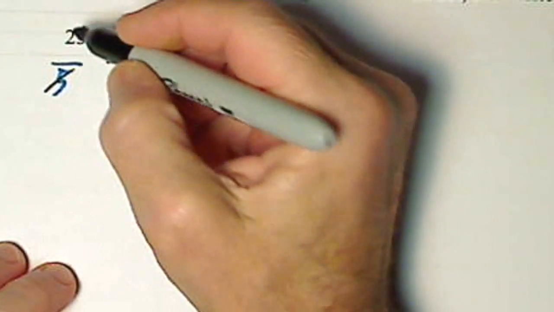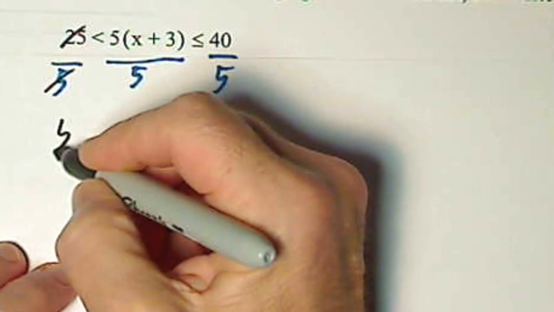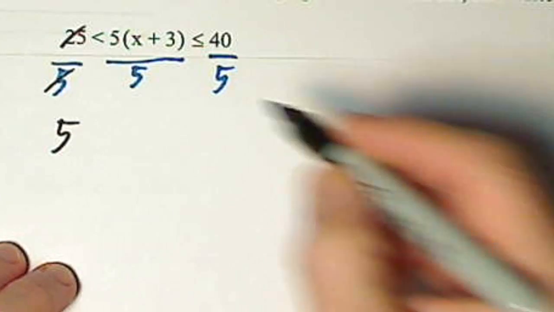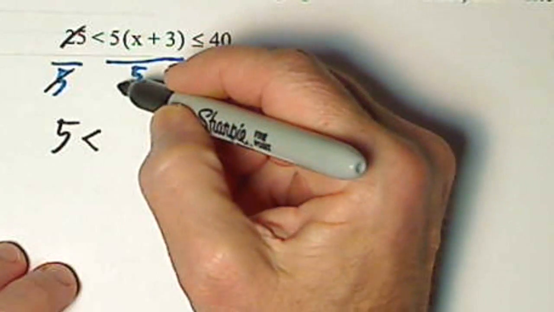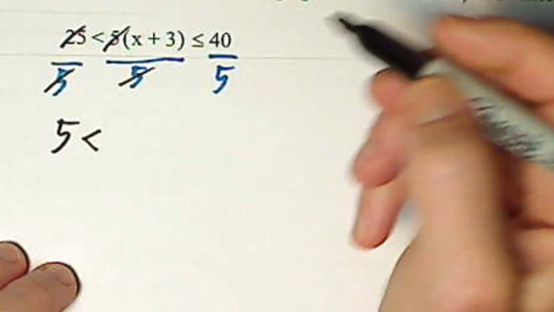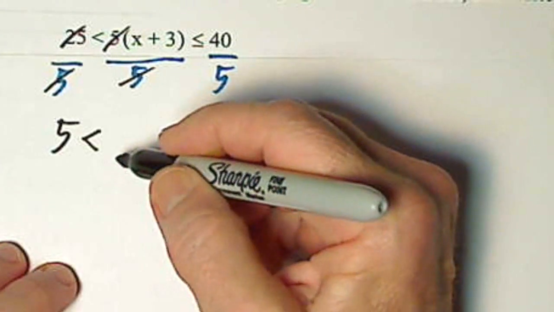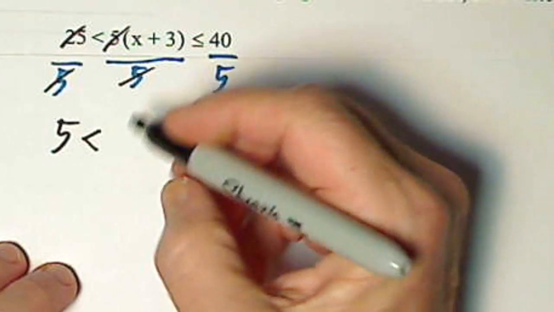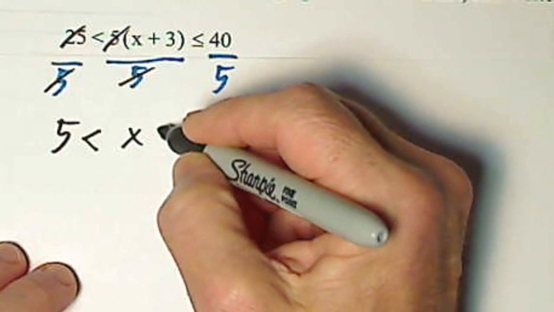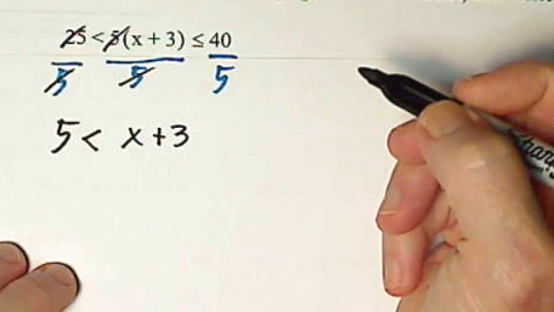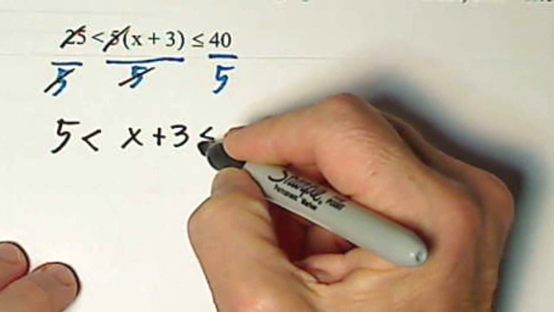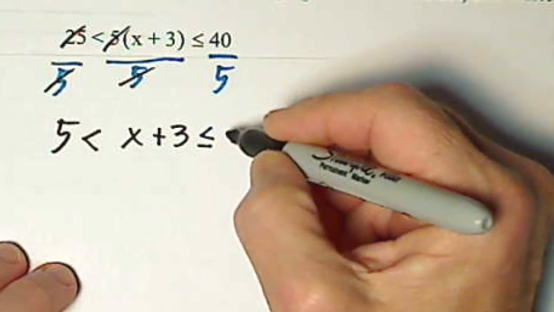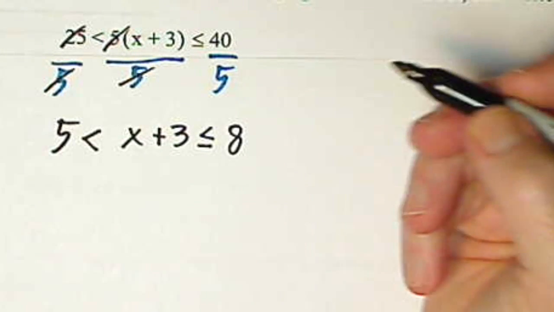So 5 goes into 25 5 times. This inequality drops down. 5 goes into 5 once, so I don't even need my parentheses anymore. I just have x plus 3. This inequality drops down, and 40 divided by 5 is 8.